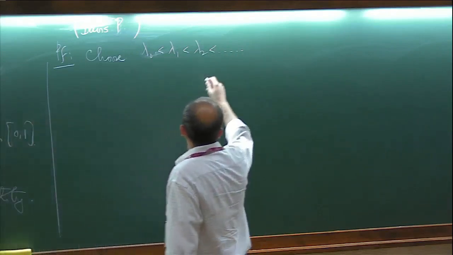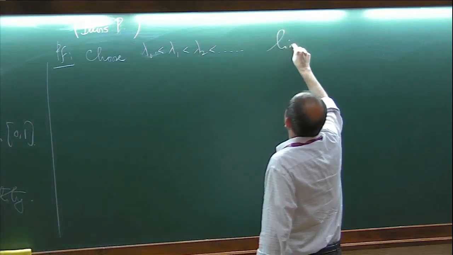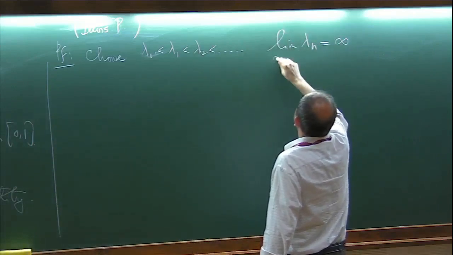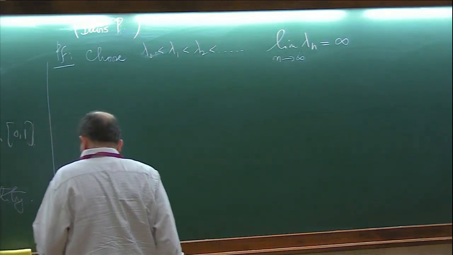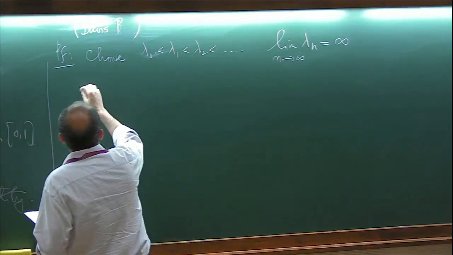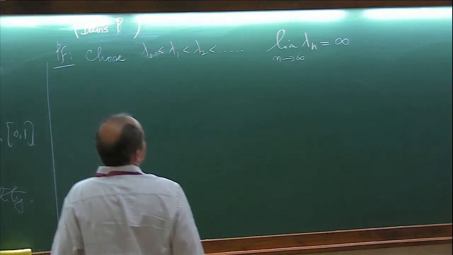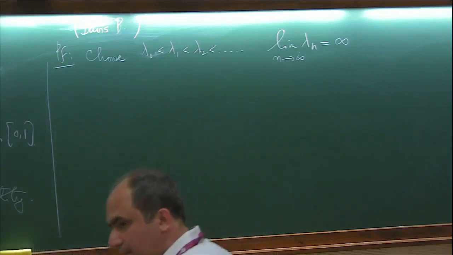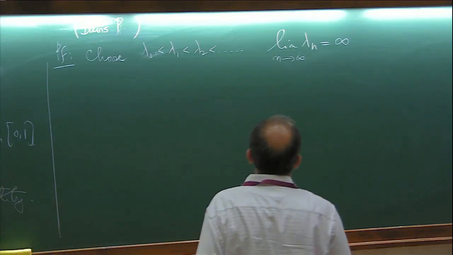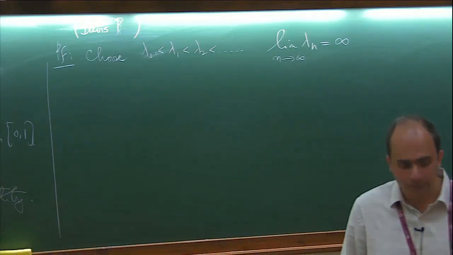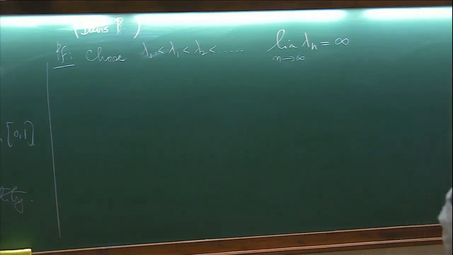I'm looking at a sequence which becomes unbounded, and I would like to create a quadrature identity using these points where the function is going to be evaluated. I'm going to integrate on 0, 1.